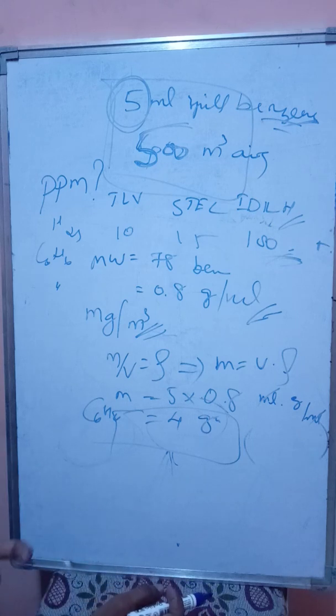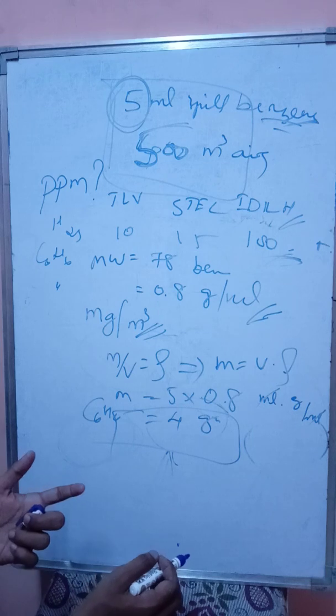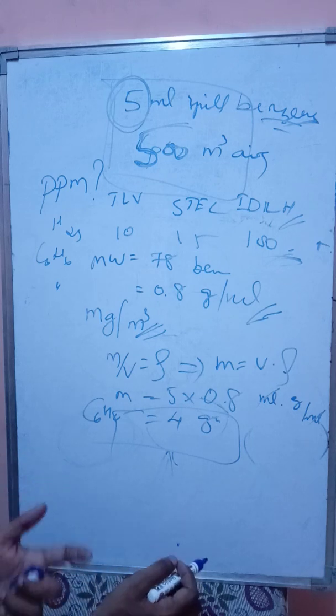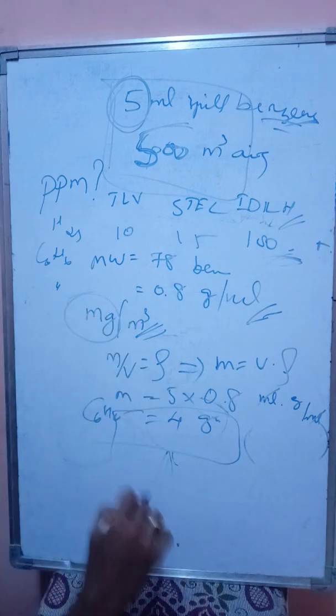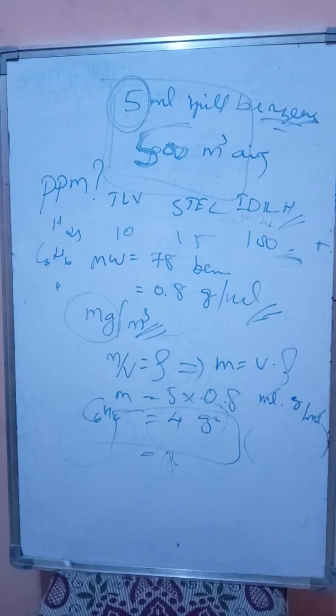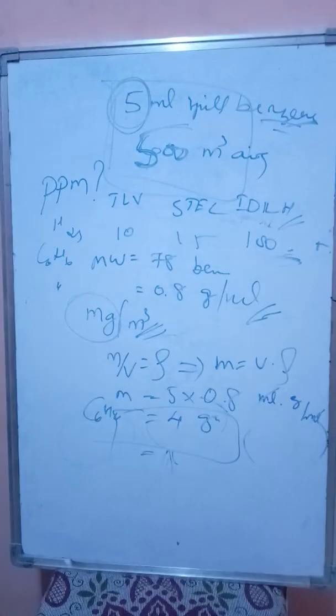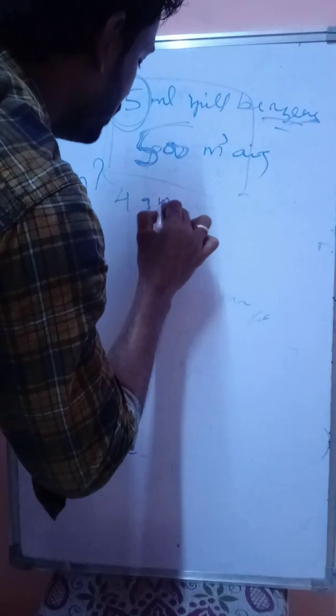Now we are going to convert it into milligram, because we need the unit in milligram. Before that you should know the concentration. We got 4 gram of benzene.